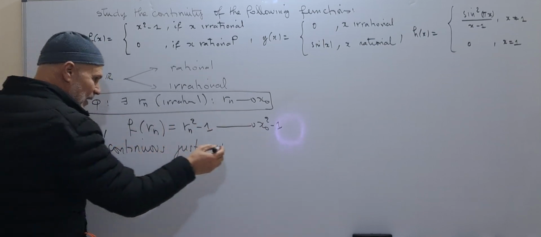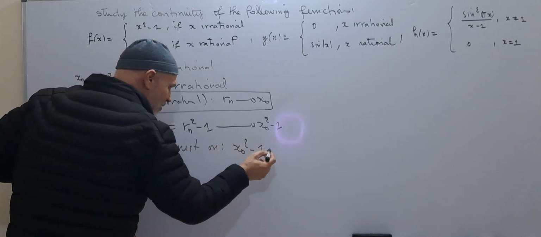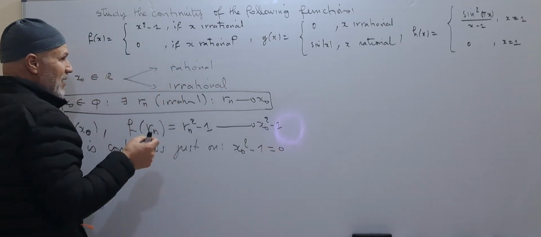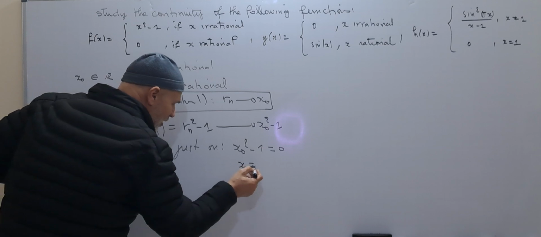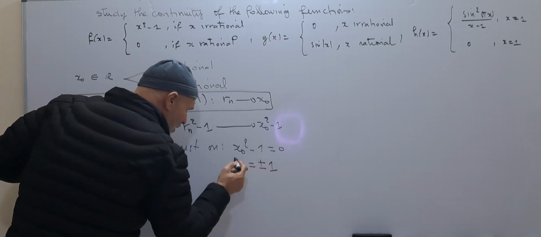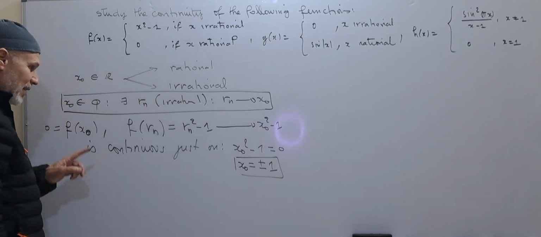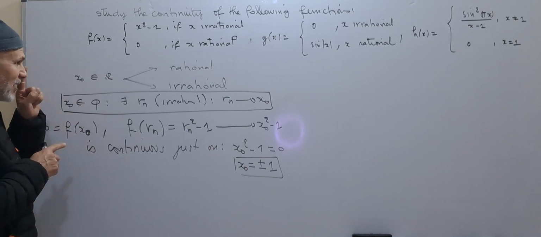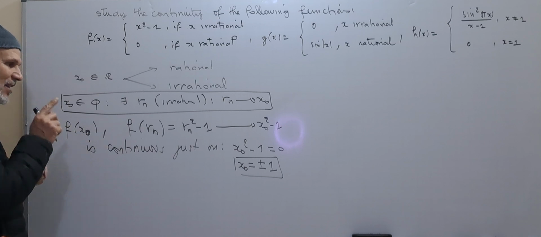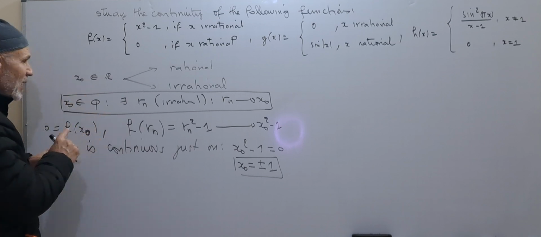They should be equal, so x0 squared minus 1 equals 0. This means that x0 is equal to plus or minus 1. So the rational elements on which this function is continuous are just plus and minus 1.